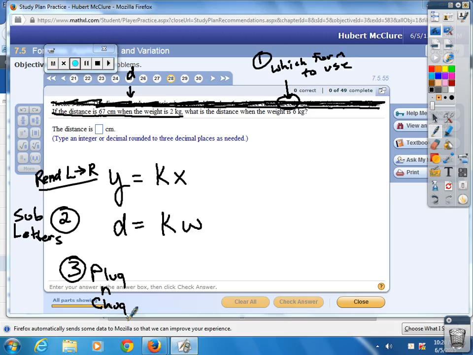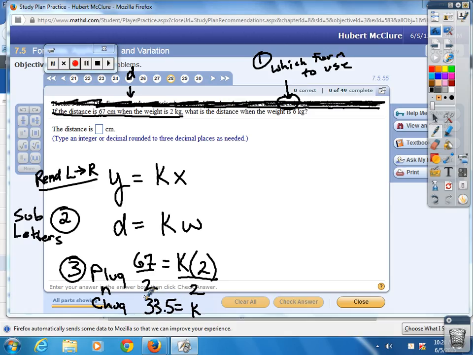So D is 67. K times 2, so we're going to divide by 2. K is equal to 33.5.